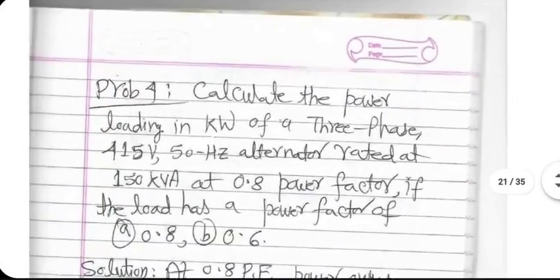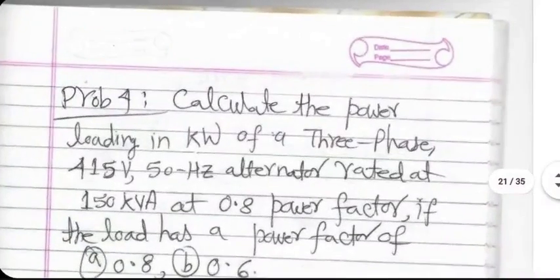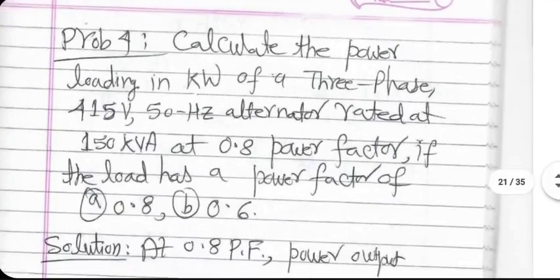Problem 4. Calculate the power loading in kilowatt of a 3-phase 415 volt 50 hertz alternator rated at 150 kVA at 0.8 power factor if the load has a power factor of 0.8 or 0.6.